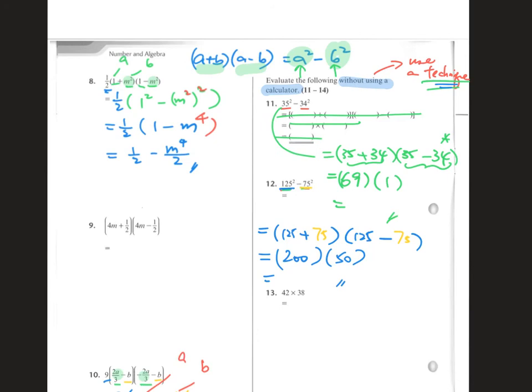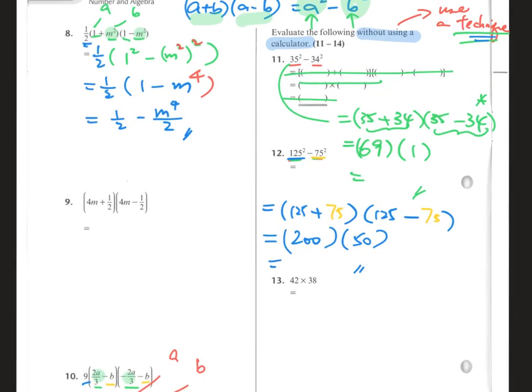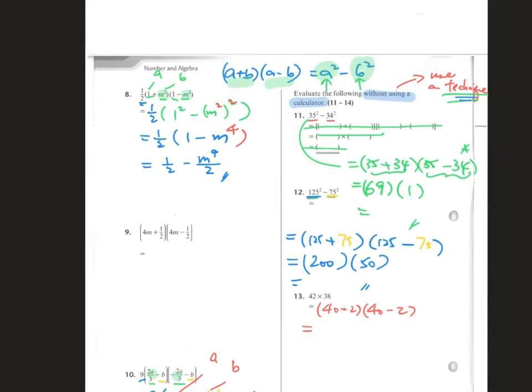You will find number 13 is a very hard job, but somehow it will be about identity as well, because both numbers are very close to 40, 40 plus 2, 40 minus 2. Okay, you see it? So that's why we write it as 40 plus 2, 40 minus 2. So 40 is your A, and 2 is your B, according to the formula.